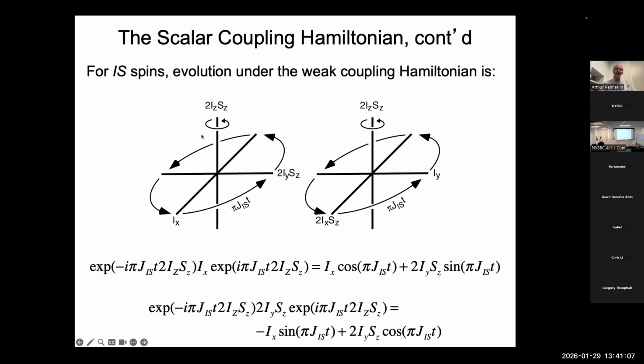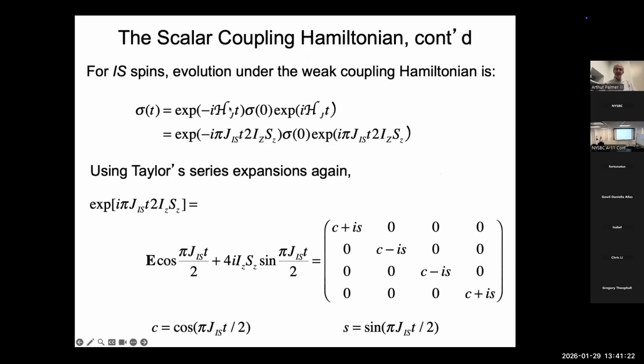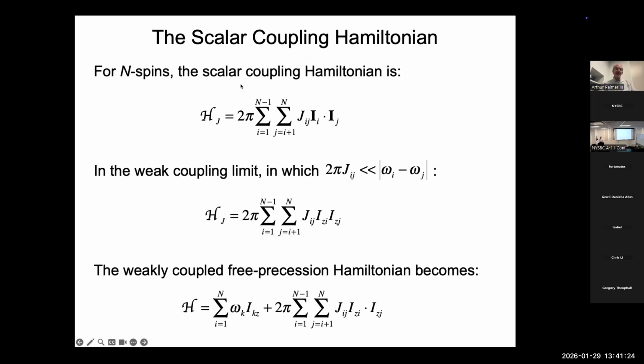And then I can draw a picture. The picture I can end up drawing is the operator associated with the scalar coupling has the form 2IZSZ. When I look back here at the Hamiltonian, I have this 2 that came from the fact I needed to convert hertz into angular units. But it's convenient for me to put the 2 over here with the operators.